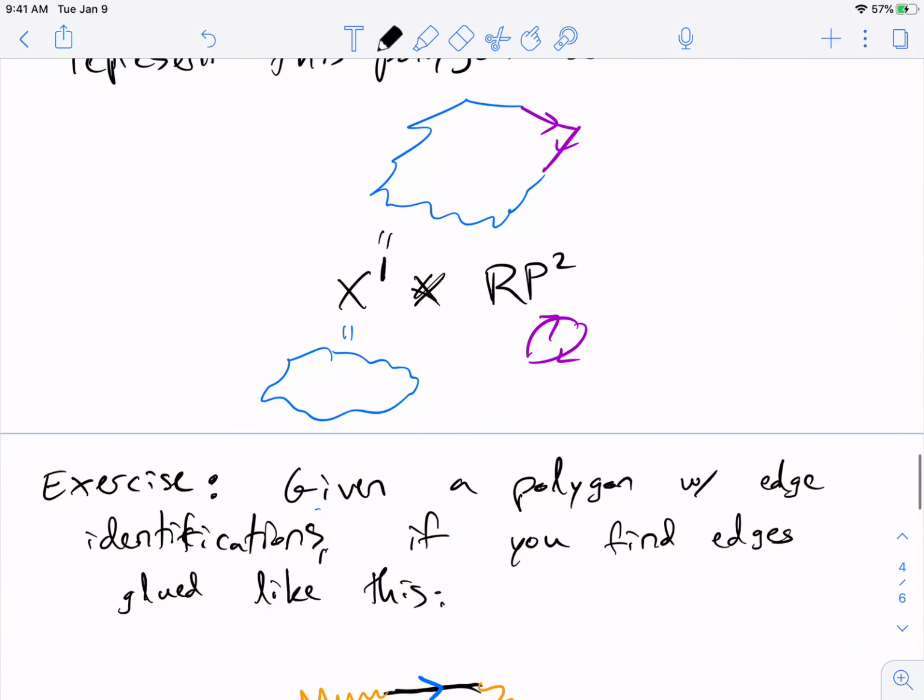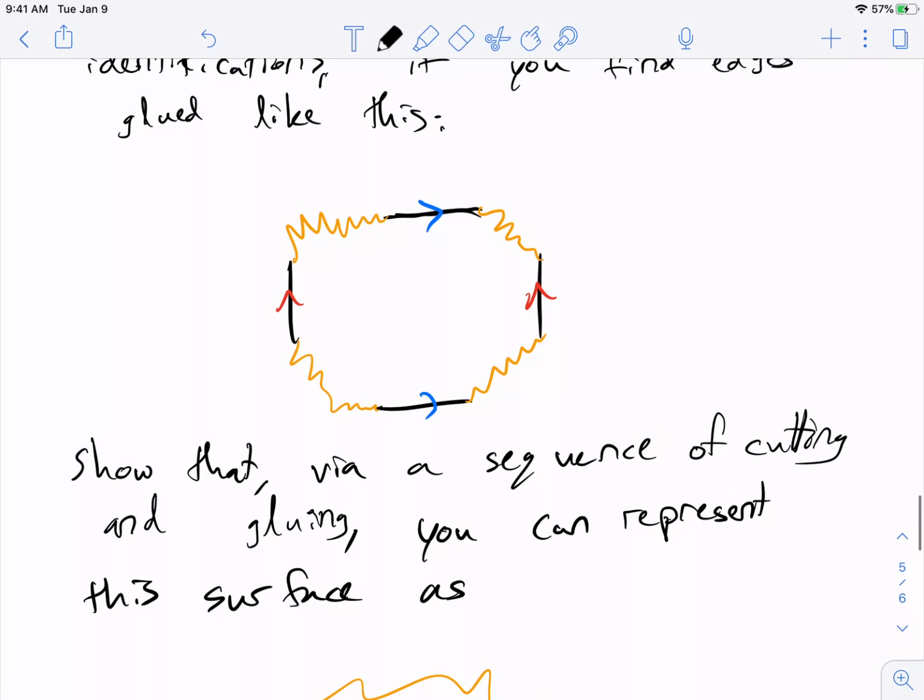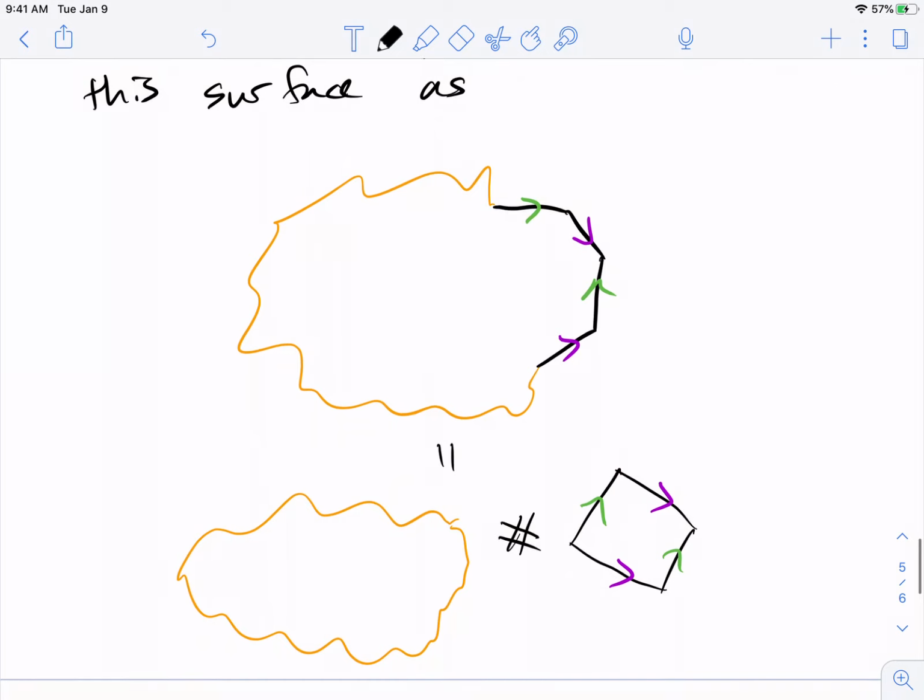So whatever the remaining part is, look for this kind of picture, where you've got two pairs of edges that are glued with no twists. And whenever you see that, there's a sequence of moves that replaces that surface with one where you've got those edges, the same kind of picture, but they're all adjacent to each other.